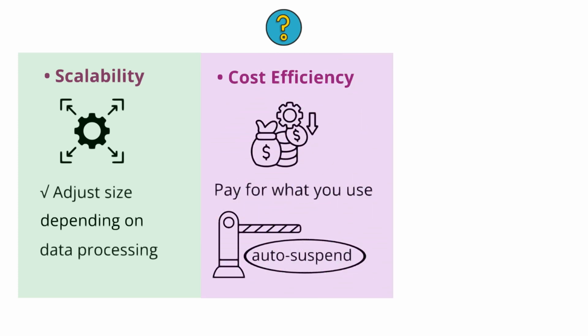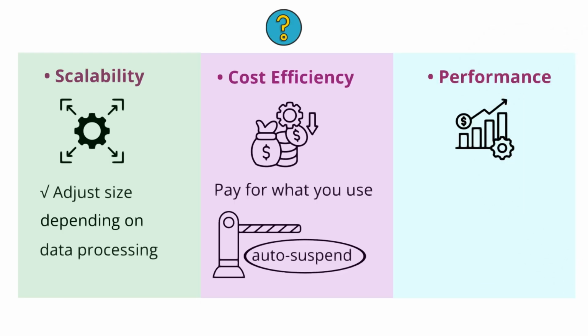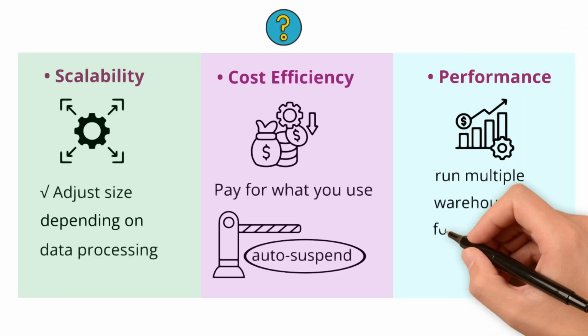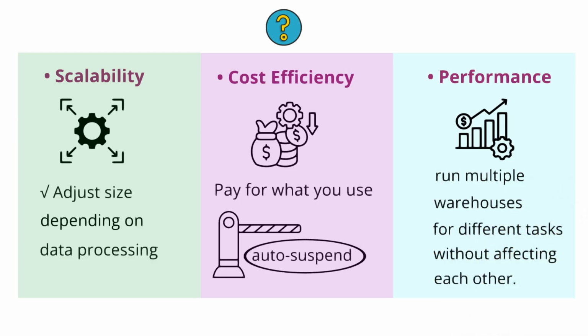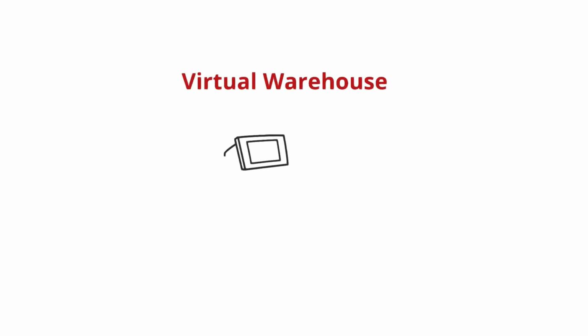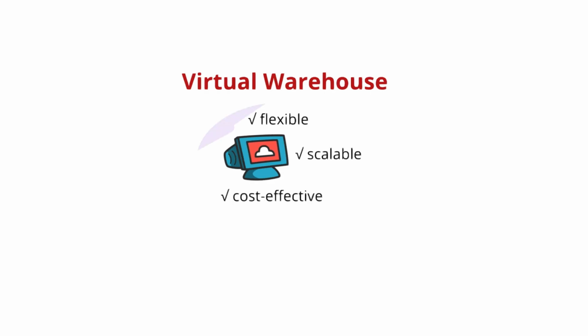We'll talk more about this term in a separate video. Next one, performance. You can run multiple warehouses at once for different tasks without affecting each other. All in all, a virtual warehouse is your data engine in the cloud. It's flexible, cost-effective, and scalable for processing data whenever you need it.